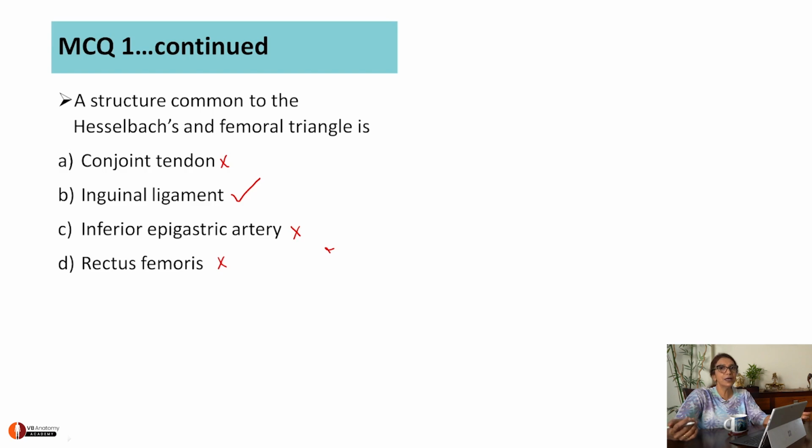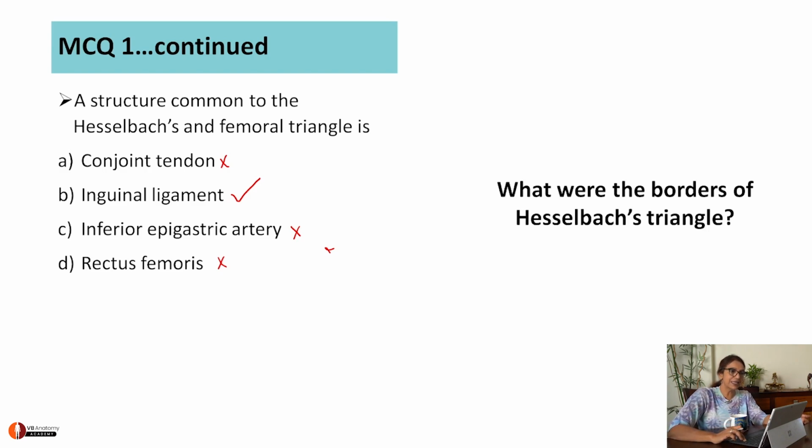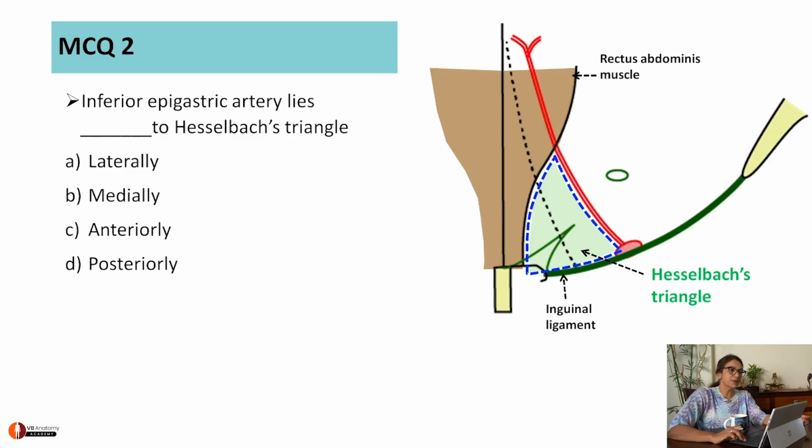There may be some other correct answer and then you will have to come back to this one. It's always better to quickly run through all the options before giving your answer, which in this case is B.